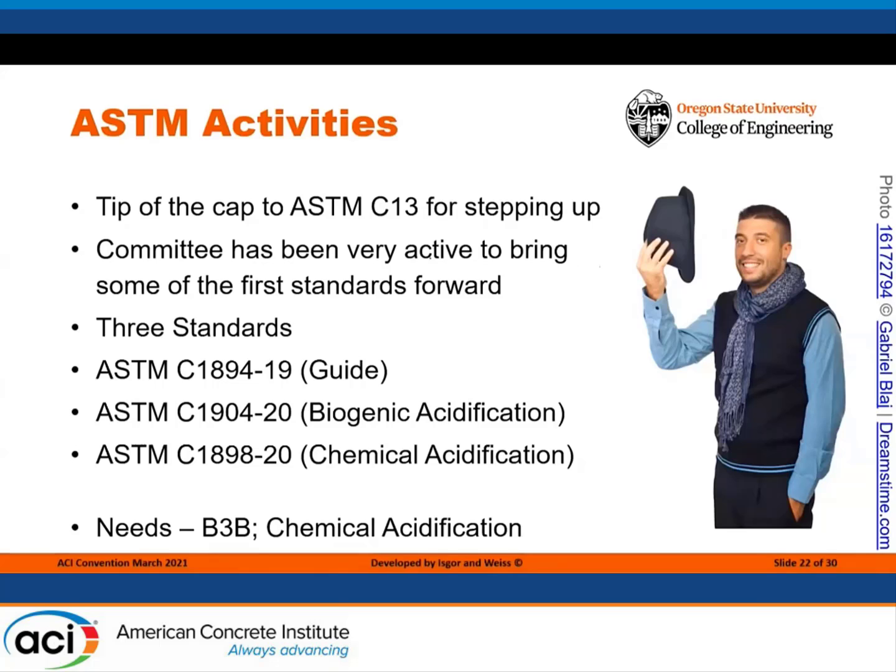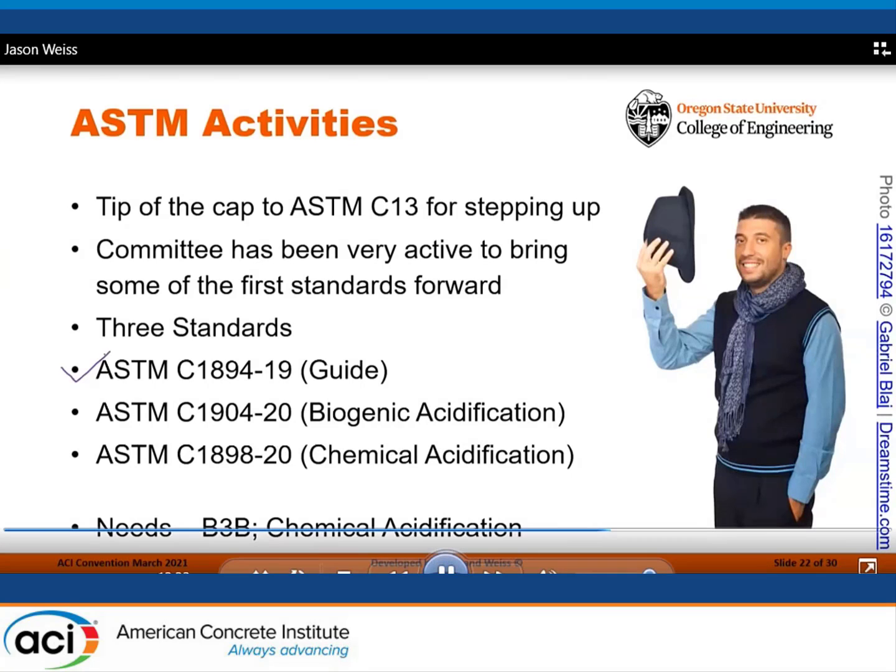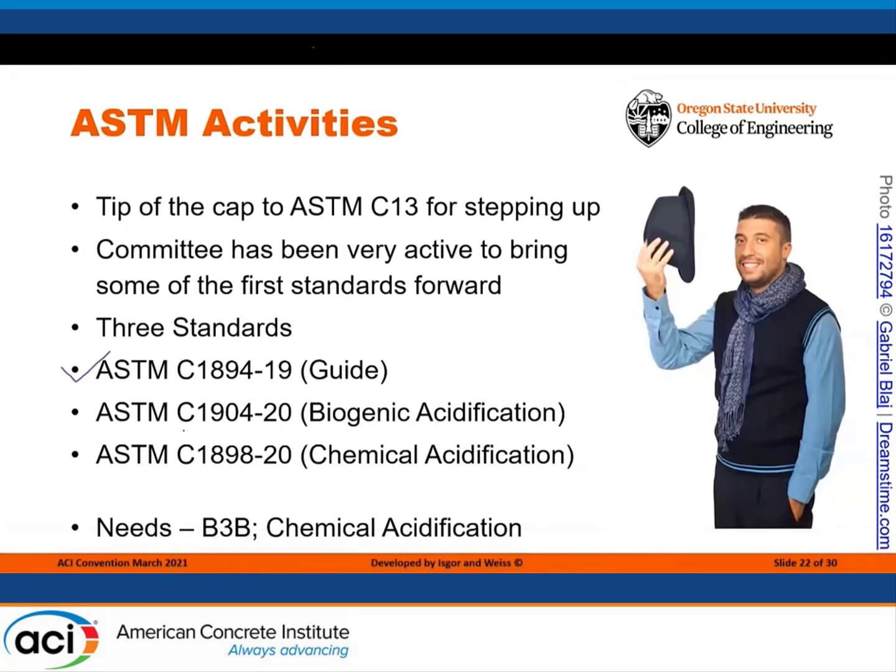And the three that I'm going to mention today are ASTM C1894, which is really a guide. It provides an overview of the problem, it provides several of the things that we just talked about, and then talks about what tests work in which of the different stages. The second thing I'm going to mention is ASTM C1904, which is really the biogenic acidification part. You can think of this primarily as stage 2, although there is a component of this that gets into stage 3.